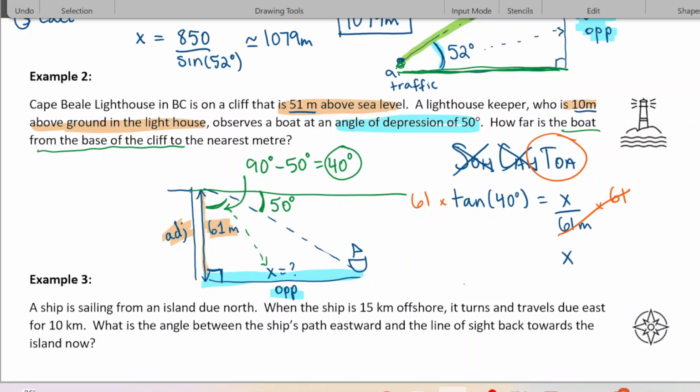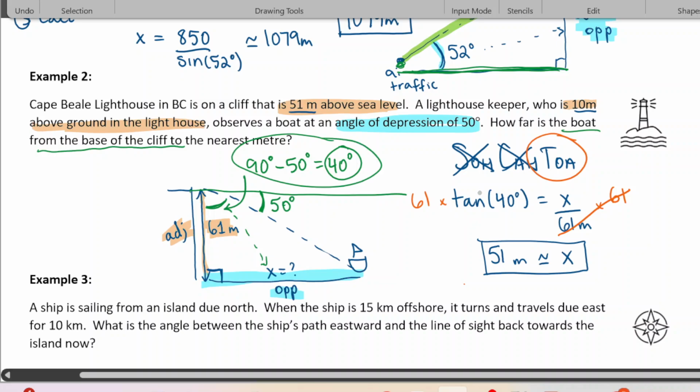So x is approximately 51.2, where it says nearest meter, so 51 meters. So the boat is about 51 meters from the base of the cliff. The one trick here is that the angle of depression gives you an angle outside of the triangle. So you need to use this little trick to figure out the angle inside.